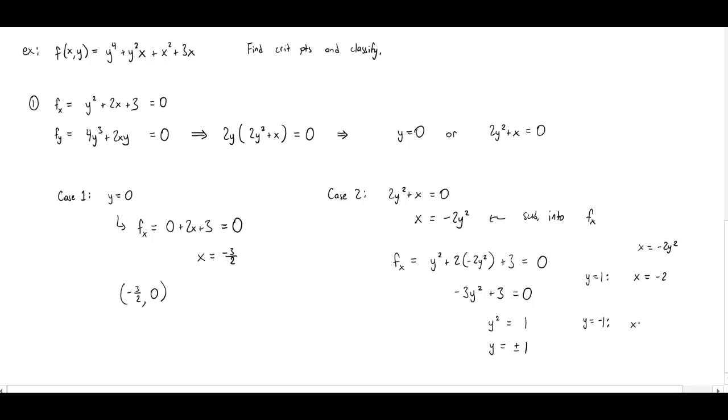When y is negative 1, you get x is negative 2 as well. So here we have 2 critical points: x is negative 2 and y is 1. Another point was x is negative 2 and y is negative 1. So altogether, we found these 3 critical points.